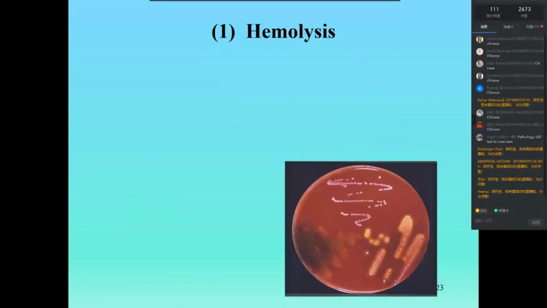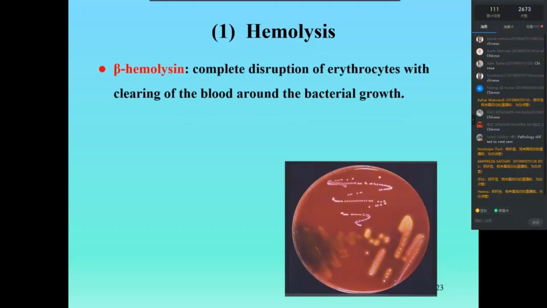You know, in the hemoglobin there is ferric iron, and the alpha hemolysin can reduce the ferric iron to the ferrous form, so that they will form a green pigment on the agar. So if you notice the formation of green pigment on the agar, that is due to alpha hemolysin.